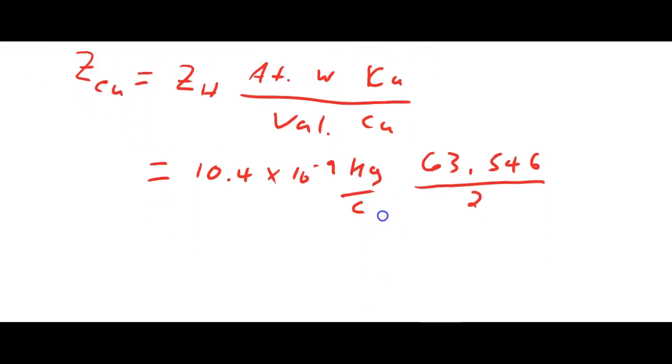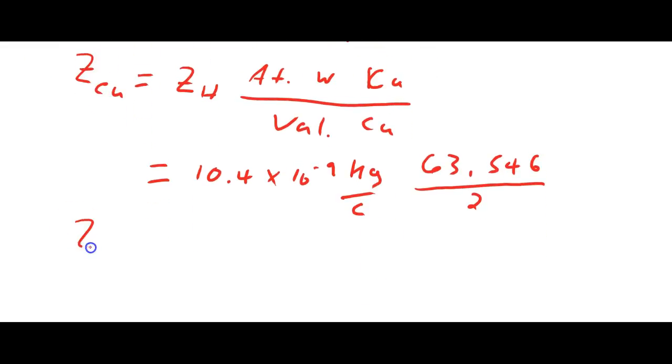Now, that results in the electrochemical equivalent of copper as 330.44 times 10 to the negative 9 kilograms per coulomb.